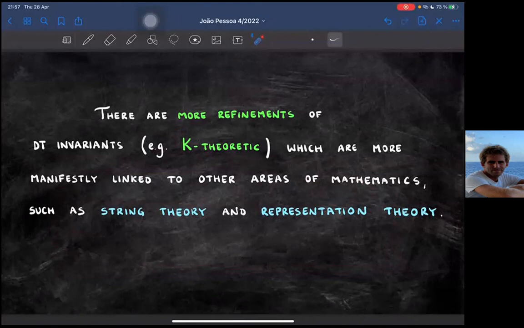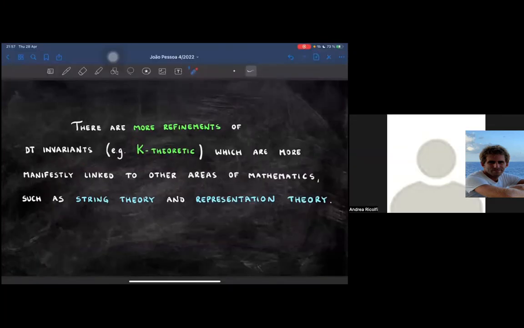But if you're interested, there are more refinements. And the K-theoretic one is certainly the most sophisticated, and it leads to very interesting formulas, which have been conjectured in string theory and later proved mathematically. So it's a very interesting area.